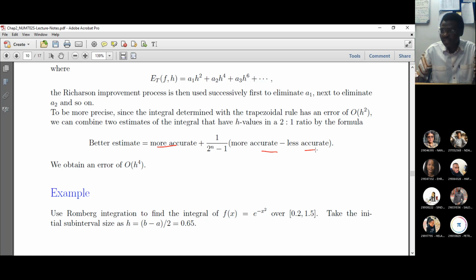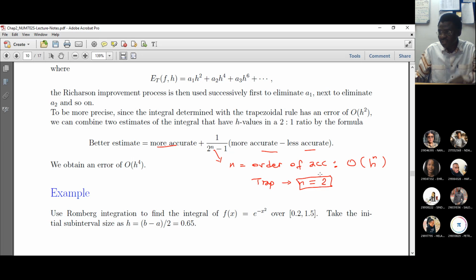And as I indicated the other day, this n is the order of accuracy, such that you have big O of h to the n. And we know that for the trapezoidal rule, n is 2.